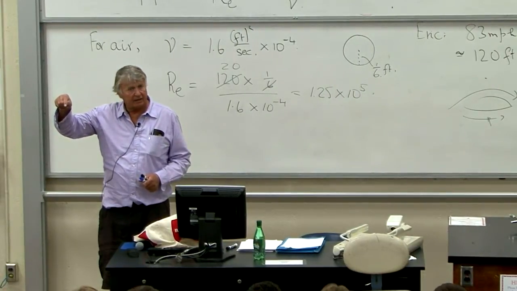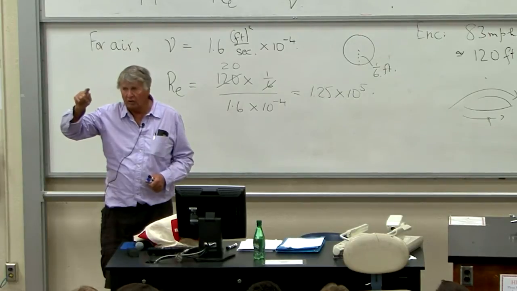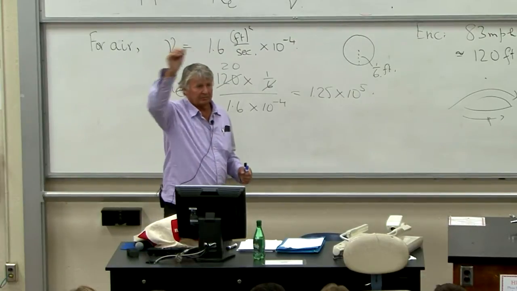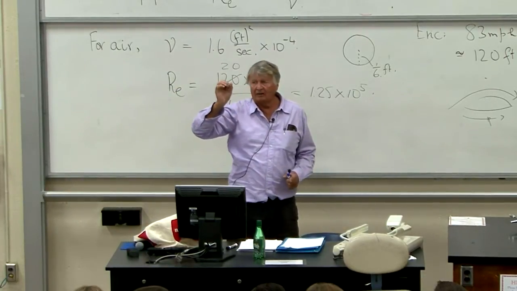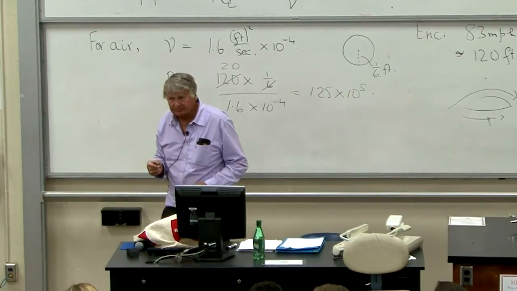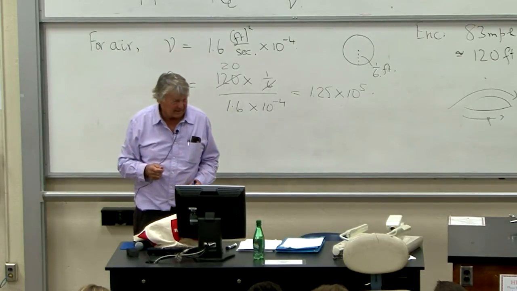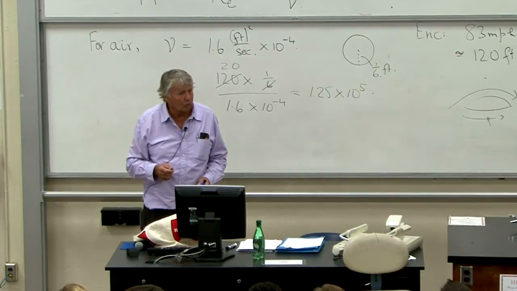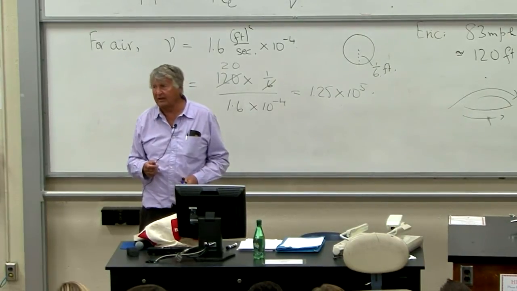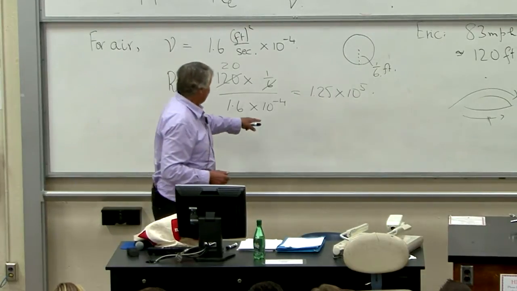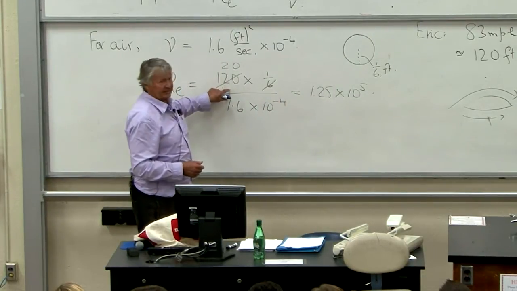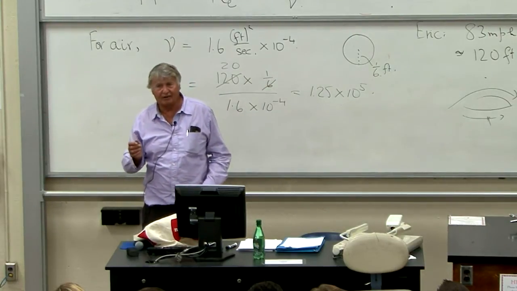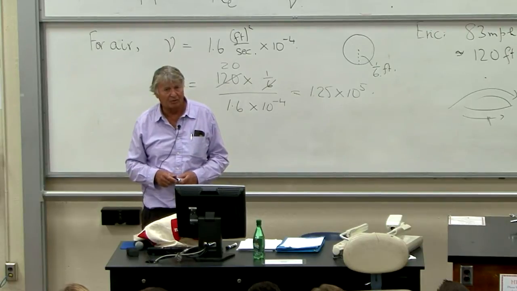On the other hand, in a cloud, if you have little water droplets being convected around, they're about 25 microns, that's 25 times 10 to the minus 6 meters. They're also low Reynolds number flow. Even though the viscosity of air is still very low, when you put in sizes of 25 microns, it makes the Reynolds number very small.